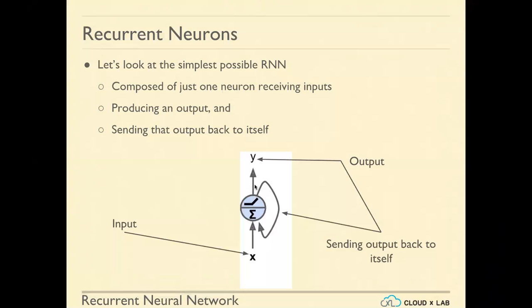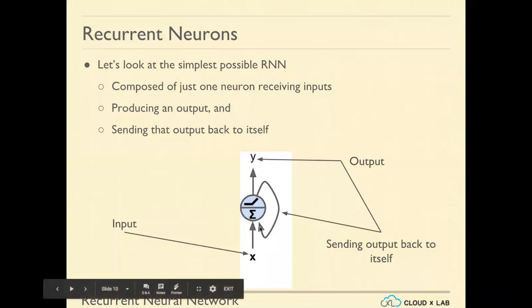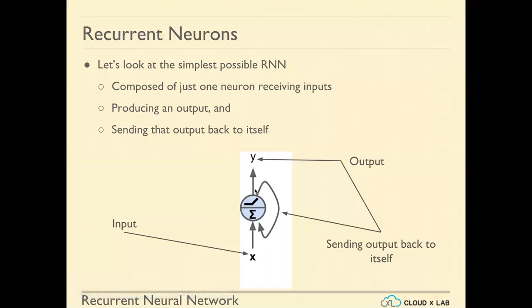One component of the output is being fed back to the input, meaning a certain multiplication of the weight. You can think of it as the output itself being fed back to the neuron. This one is composed of just one neuron receiving inputs, producing outputs, and sending the output back to itself. So this is the basic building block of recurrent neural networks.